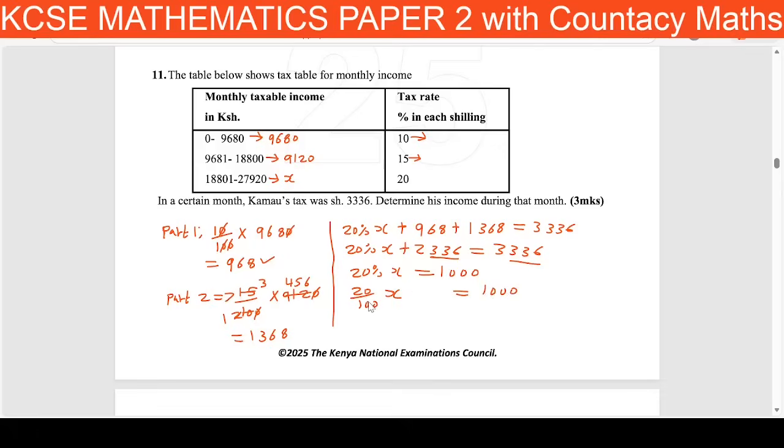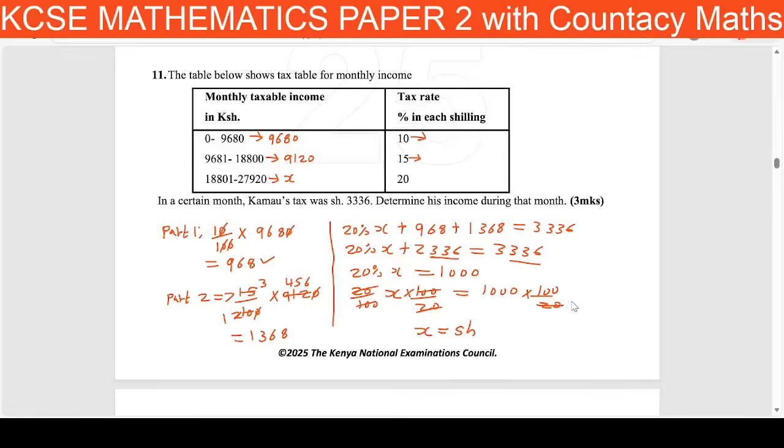What should we do to remain with the value of X? So we multiply by 100 over 20, multiply by 100 over 20.